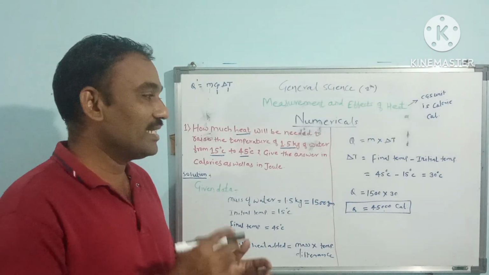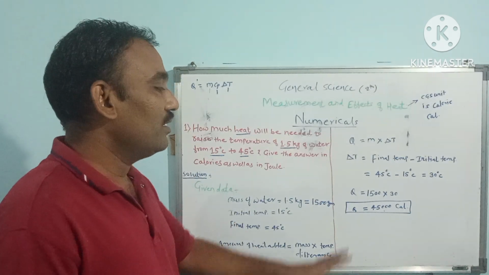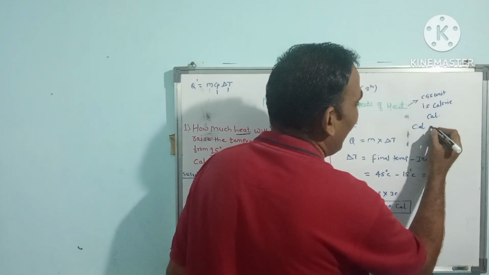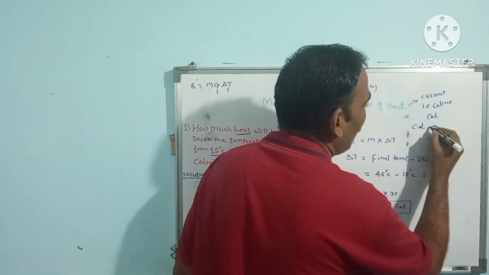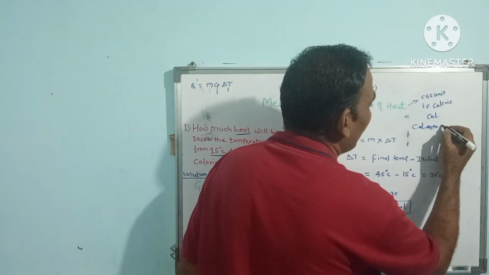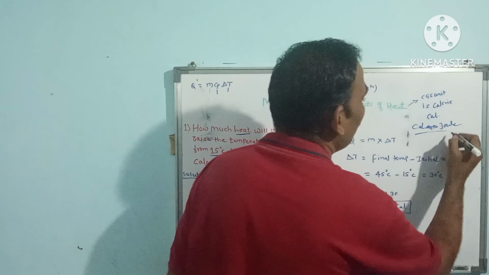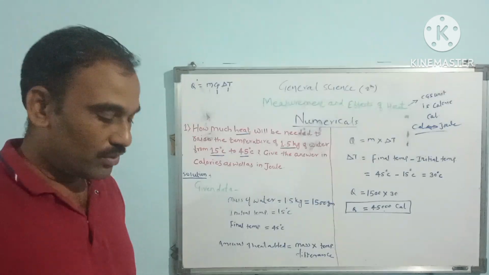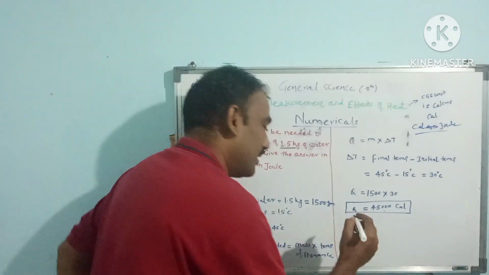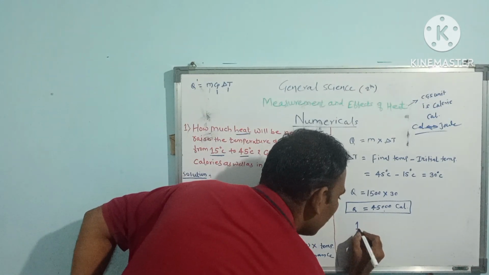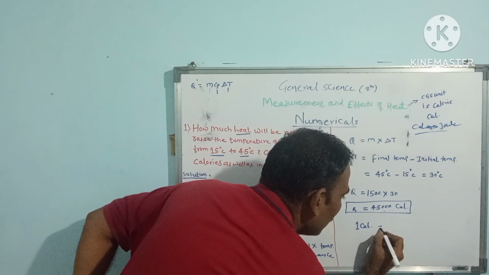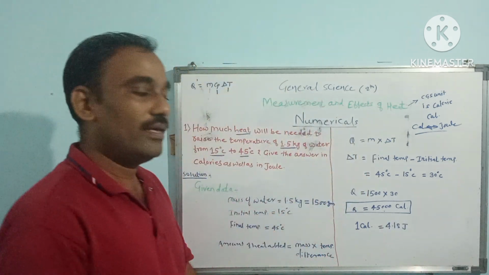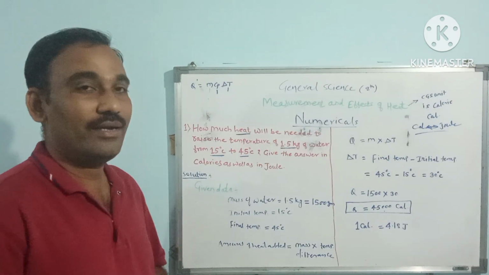As I told in the last theoretical session, we have to use the relation between calorie and joule to convert this amount of heat into joule. 1 calorie is equal to 4.18 joule.